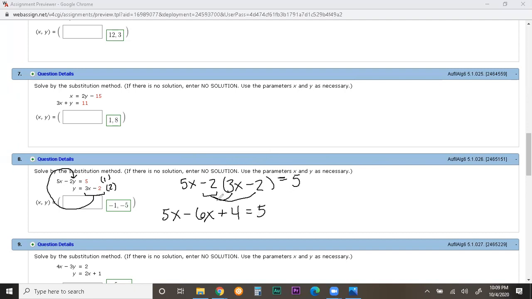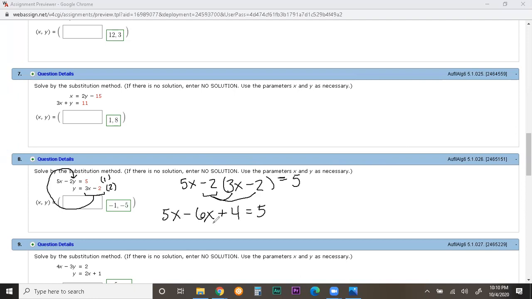Now, before we get excited and try to start moving things across our equal sign, we need to first check the left and the right side of our equation to make sure that they are fully simplified. Over here, we have a 5x. Right here, we have a negative 6x, okay?